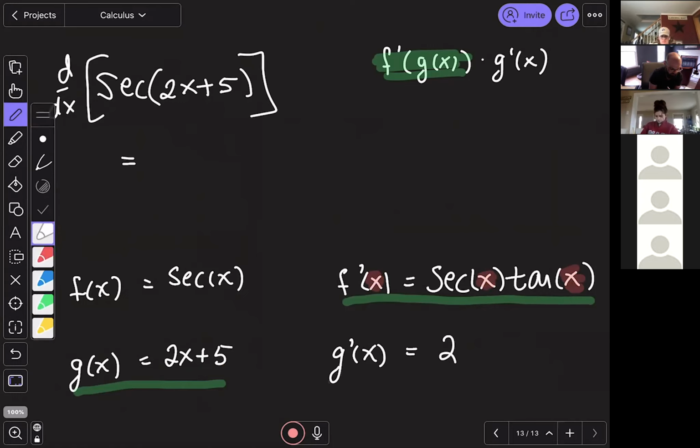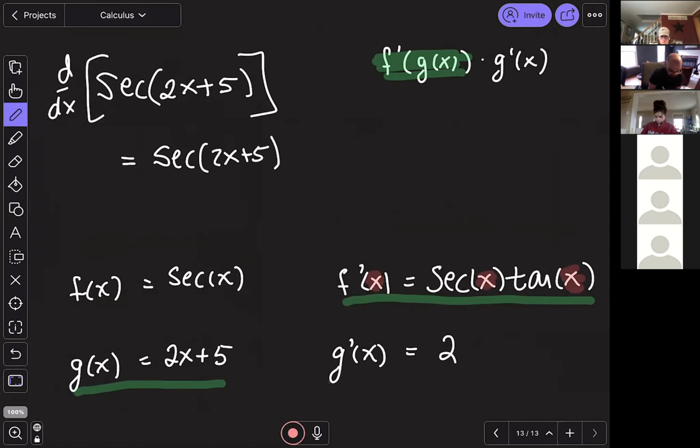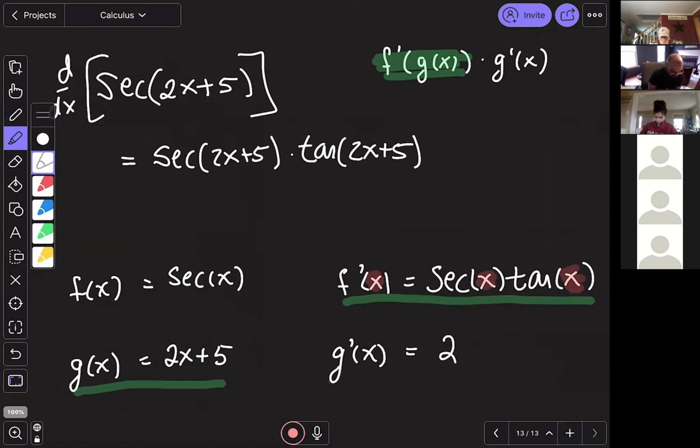Okay, so when we take this derivative, you're going to get secant of 2x plus 5 times tangent of 2x plus 5. Okay, so this is f prime of g of x. That's what all of this is. So that's our f prime of g of x.